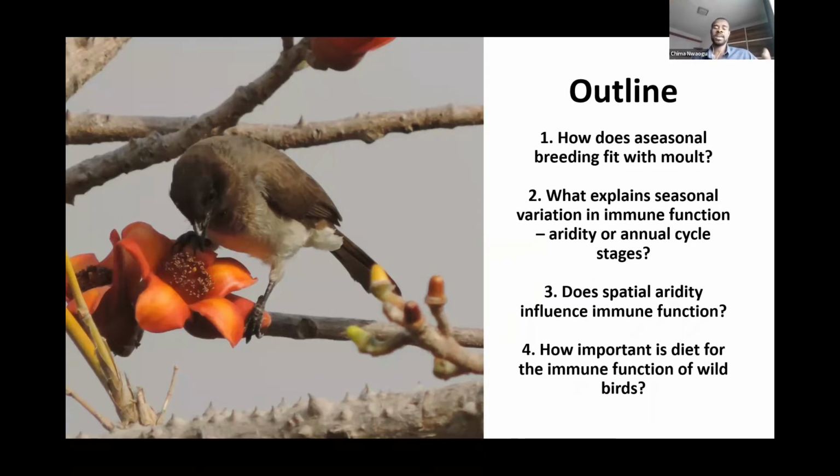And Nigeria has an important, very clear rainfall gradient from the north to the south. Then we picked one factor, which is diet, that can vary in the environment, and we manipulated it in captivity to test how this change can affect immune function.